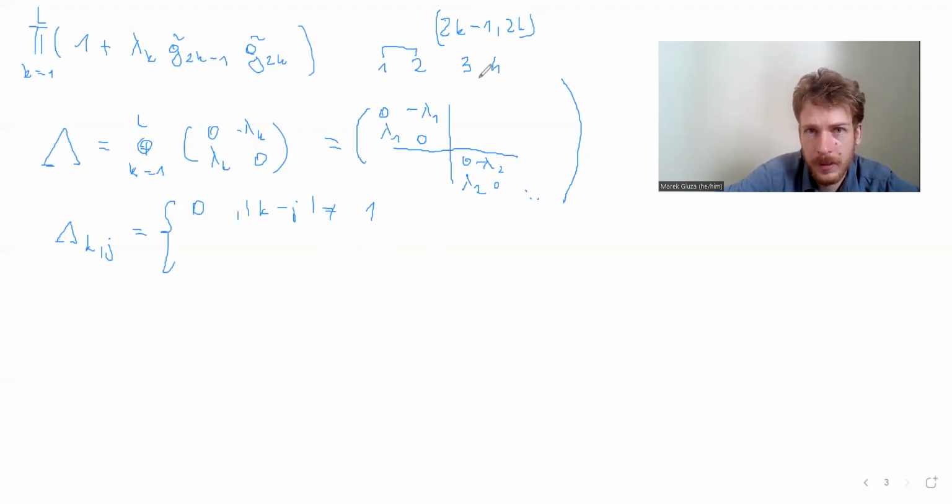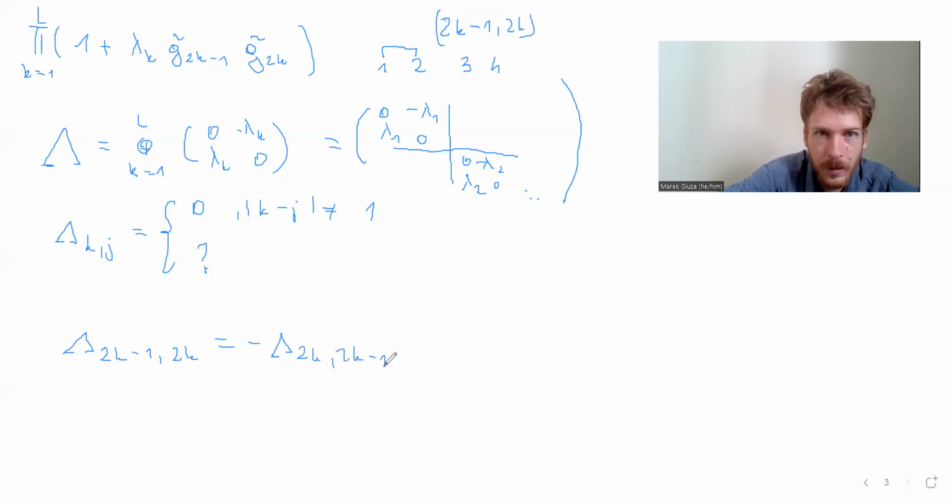So what does it mean? It's this 2k minus 1 and 2k, they differ by 1. And otherwise it's some number. Yeah. And a more precise way to write it is that the only matrix elements that are non-trivial is 2k, and it's the negative of 2k minus 1. Why?